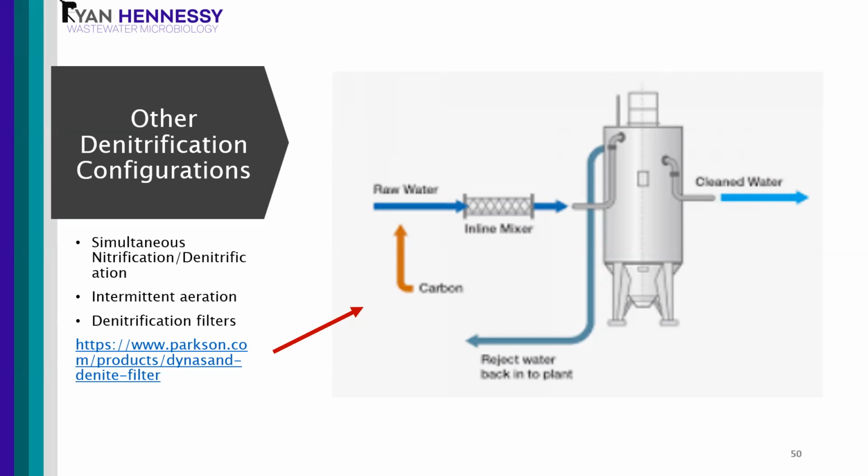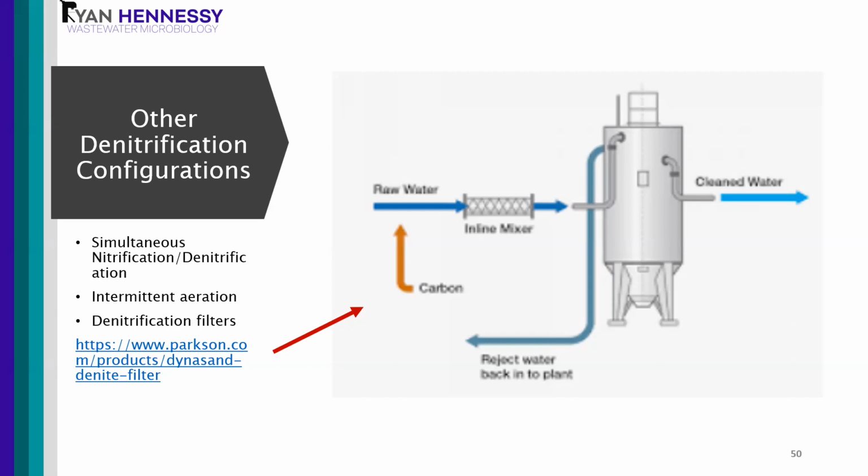Some plants taper the DO down and end up trying to get some of that simultaneous nitrification and denitrification towards the latter stages of the basin. The biggest thing with that is you want to always make sure, ideally, that you're entering the clarifier in an aerobic stage. So for the plants that do taper down the DO, as a general recommendation, it's good to get that DO up pretty high before it goes into the clarifier.